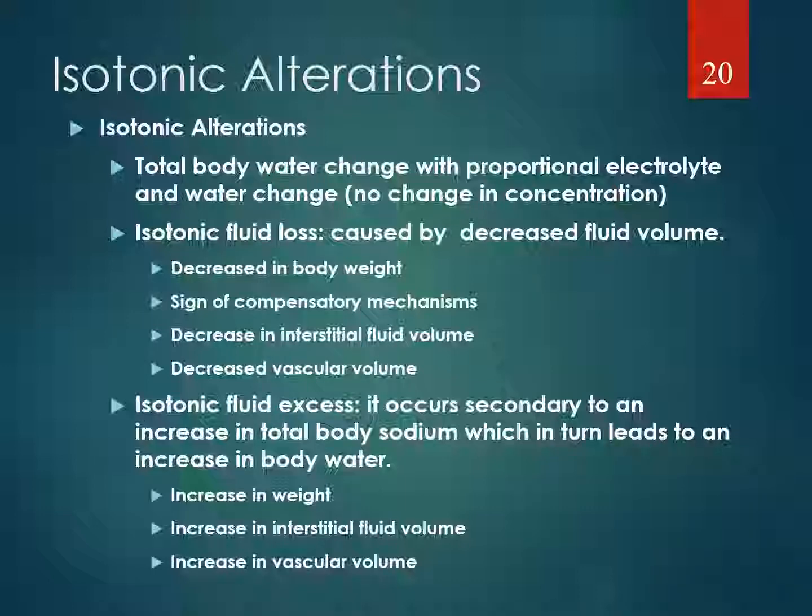They could have pale, gray, or red skin color. We can have an increase in vascular volume, which is slow bounding pulse, high blood pressure, pulmonary congestion. We can have a decrease in hematocrit, decreased serum sodium, and urine with low specific gravity and high volume.